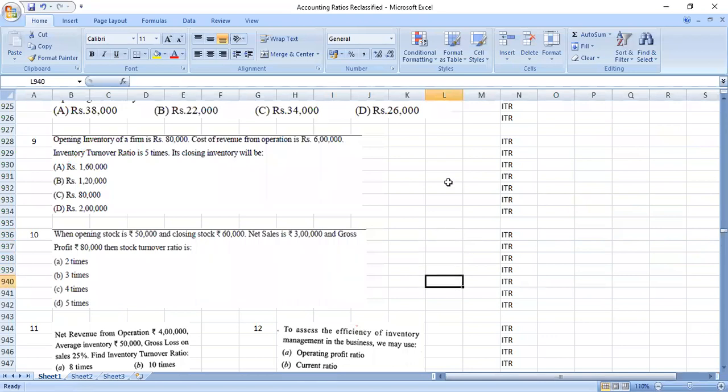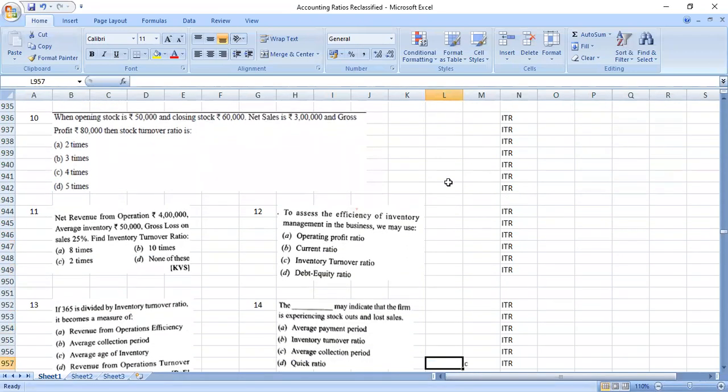When opening stock is 50,000 and closing stock 60,000, net sales is 3 lakh, gross profit 80,000, then stock turnover ratio. This is nice. They've given all absolute numbers, which is good. Net sales is 3 lakh, gross profit is 80,000. So your cost of revenue from operation is 2,20,000.